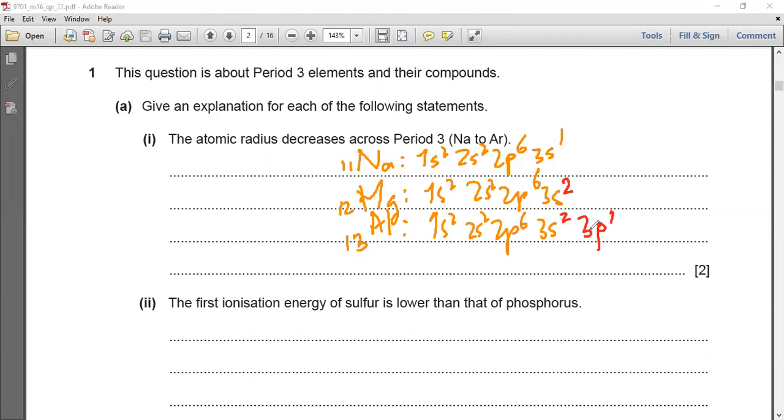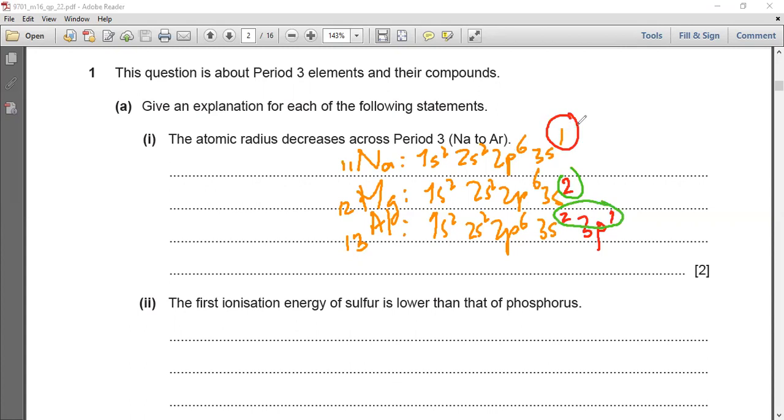If you see these three atoms, the distinction is that sodium has 1 electron in the outer shell, magnesium has 2 electrons in the outer shell, while aluminium has 3 electrons in the outer shell.